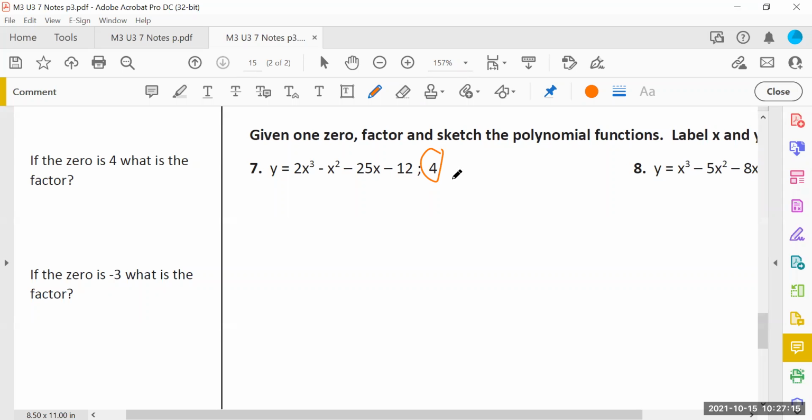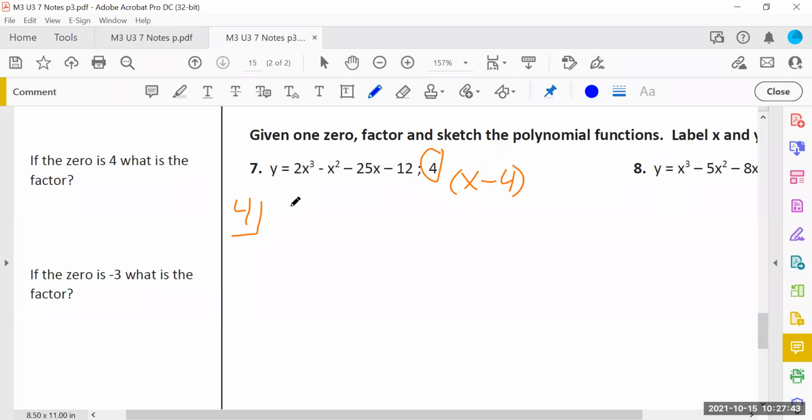Does that make sense to everybody? If they're telling us a 0 or an x-intercept, that would be the factor. So notice how it's already had its sign switched, right? Before, when I had my polynomial, the binomial that I was dividing by, I had to switch the sign. They've already done that. So I'm actually putting this 4 in the box as is.